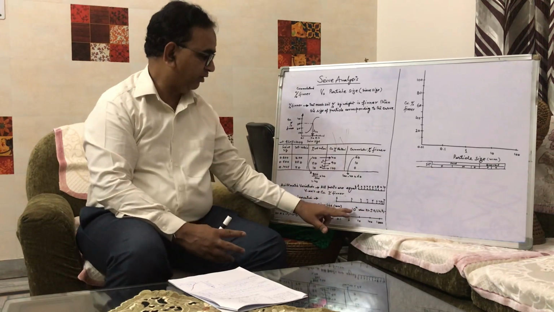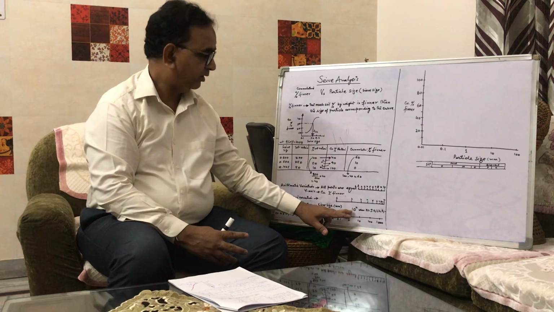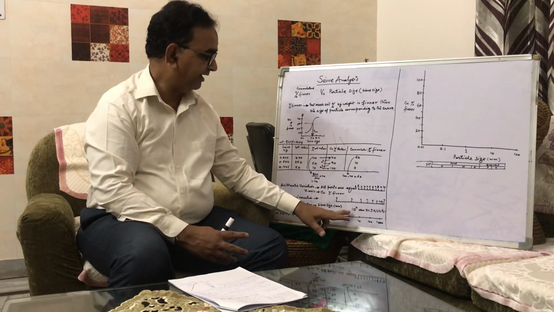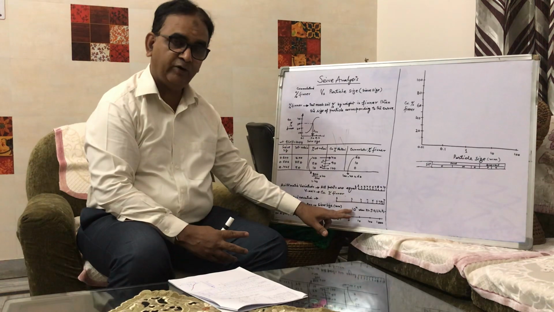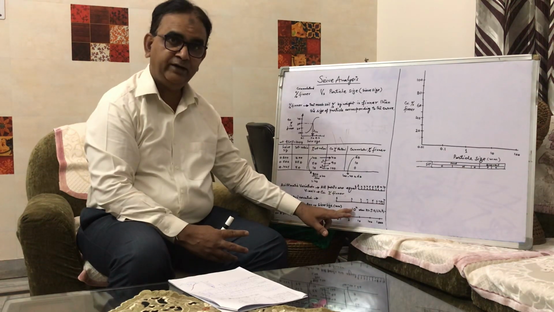If n is equal to 0, it is 1. If n is equal to 1, it is 10. If n is equal to 2, it is 100. If n is equal to 3, it is 1000, and so on. If n is equal to minus 1, it is 0.1. If n is equal to minus 2, it is 0.01. If n is minus 3, it is 0.001.